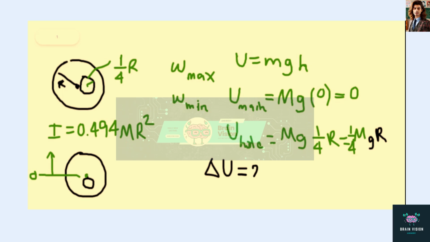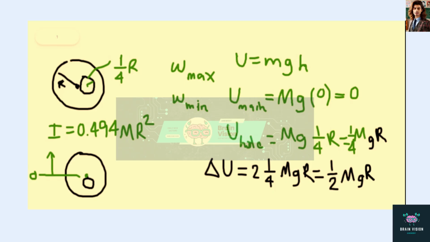It'll be 2 times 1/4 mgr, which would be 1/2 mgr. So the change in potential energy, whether the hole is upward or downward, is 1/2 mgr. Interesting.